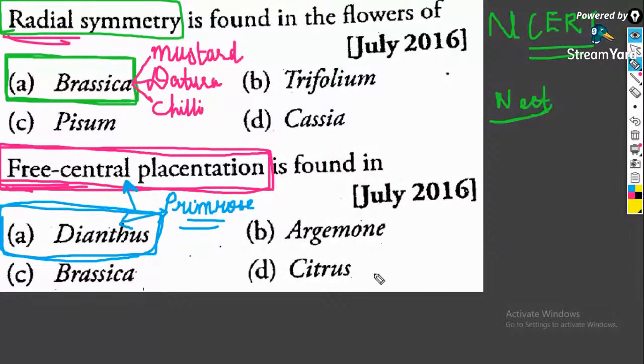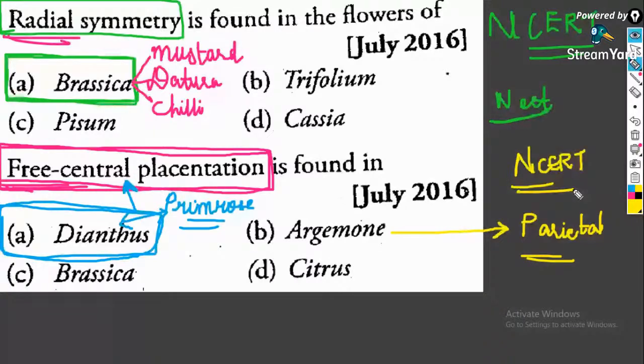Someone will be asking you what is the type of placentation seen in Argemone. In Argemone, you will be seeing parietal placentation. All these things are there in the NCERT. And for citrus you will see axial placentation.